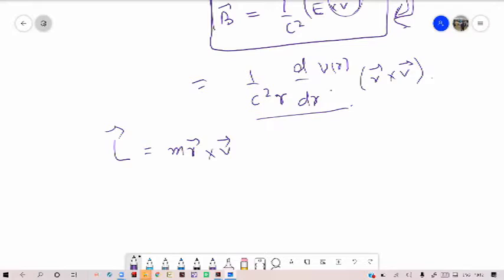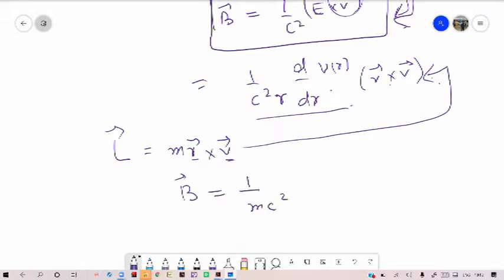If we make the substitutions in this case, R cross V, in the above equation, what can we write? We can write B is equal to 1 by mc square, because m is in the numerator, that will go for R, this L, and since we don't have m there, we will divide by m, just like m by m here.